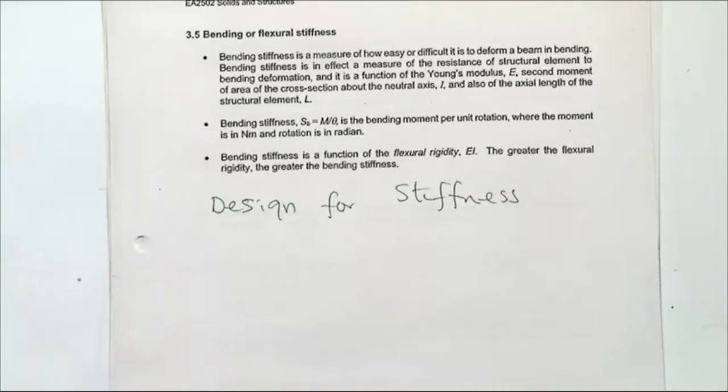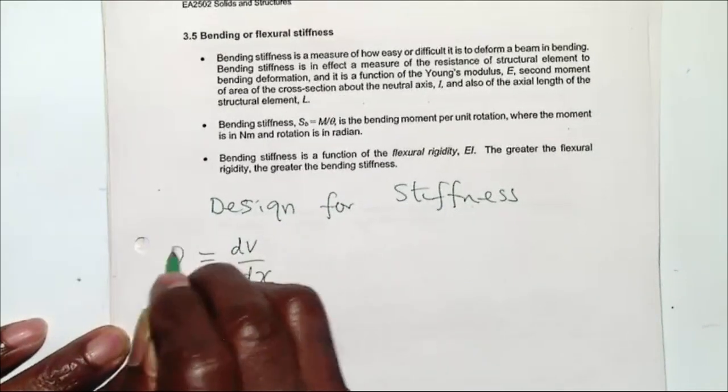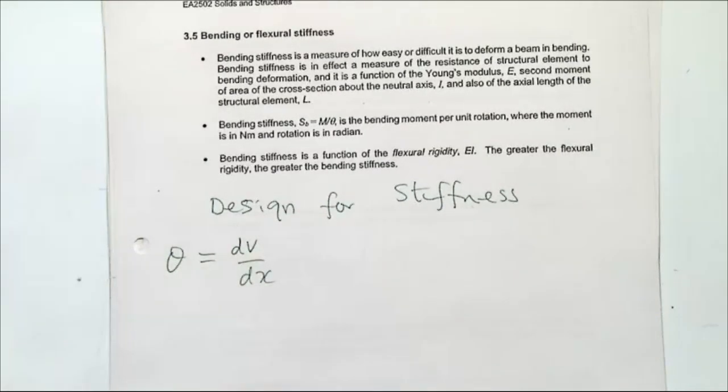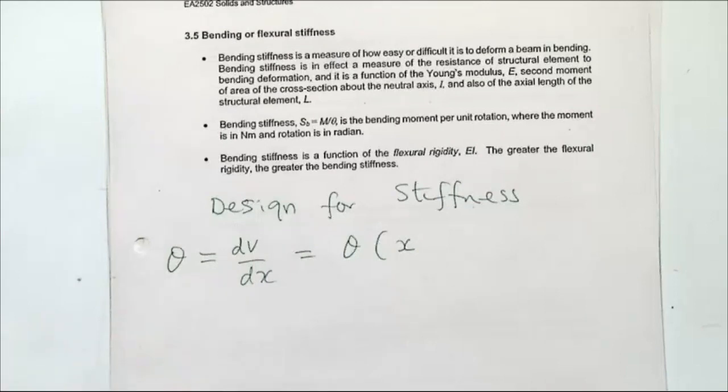So when you say that, it means that you want to control the magnitude of the deflection that you've got. Here, because it's bending moment, it is dv/dx, which is the rotation that we will have. Because of the bending moment, that will be a function of where you are along the length of the beam.